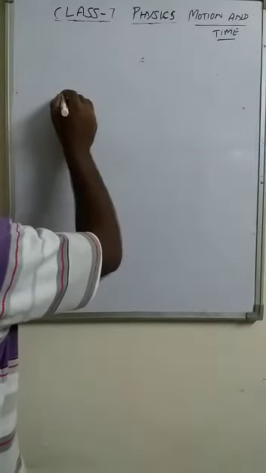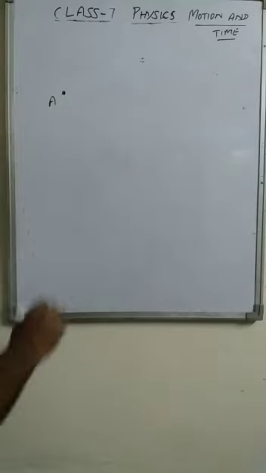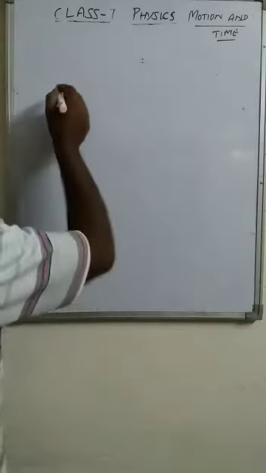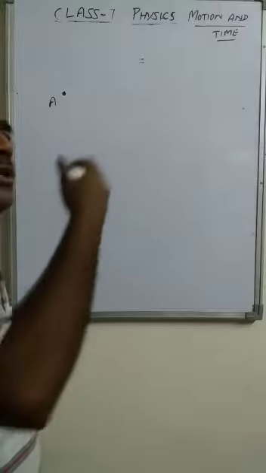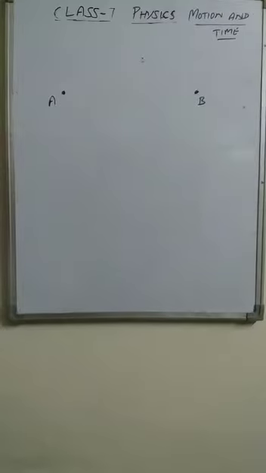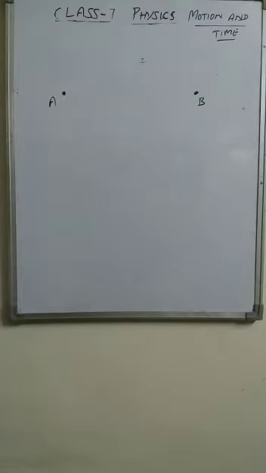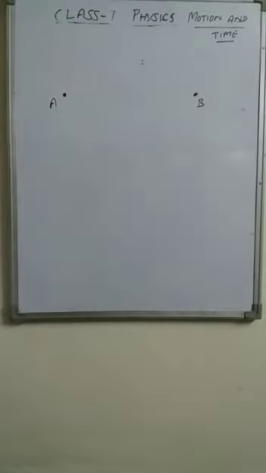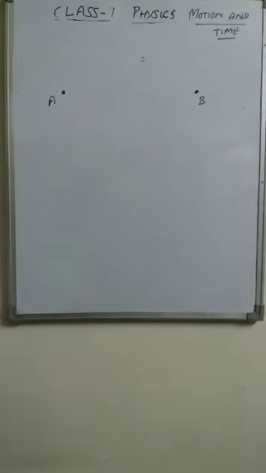Suppose any object is at point A. From this point, the object moves to another point B. This is B. Now the object has to move from point A to B. It is the choice of that object along which path it is going to move.